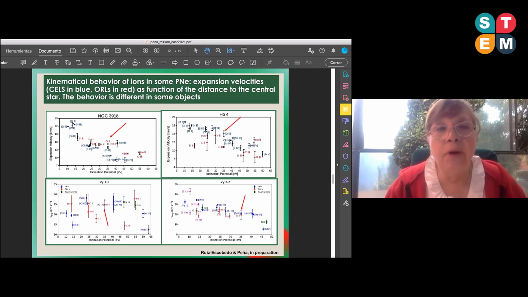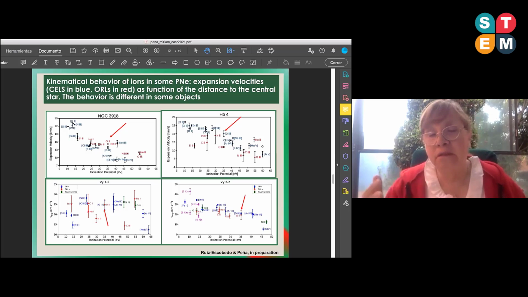In red, we have the same, the expansion velocity, as derived from optical recombination lines for the different ions. And we see a different behavior. The gradient from optical recombination lines is much flatter. It's much flatter.